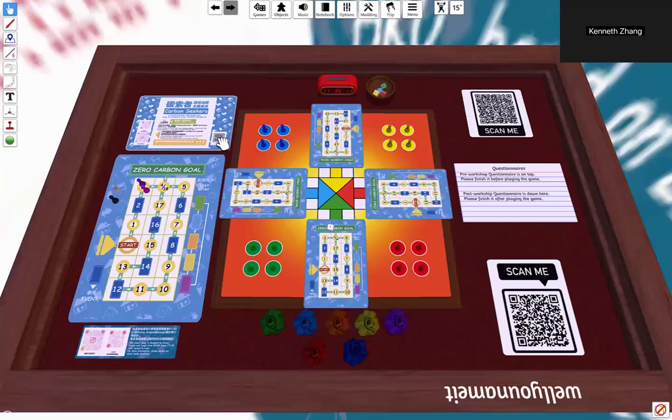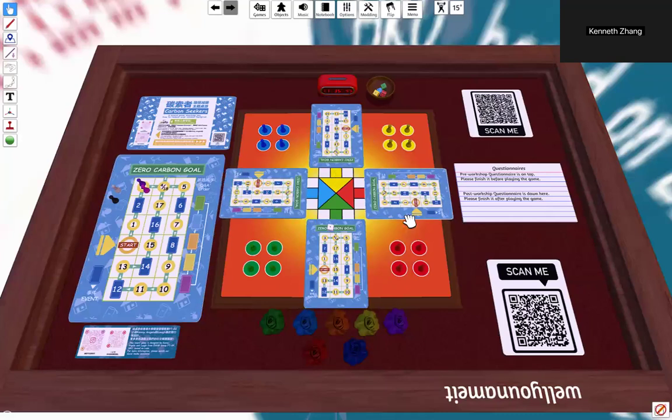It aims to investigate people's general awareness and knowledge level on carbon footprint, so it can be answered by anyone. But regarding these two, before playing the game, our target audience, which is university students in Hong Kong, should scan this one and answer some questions.